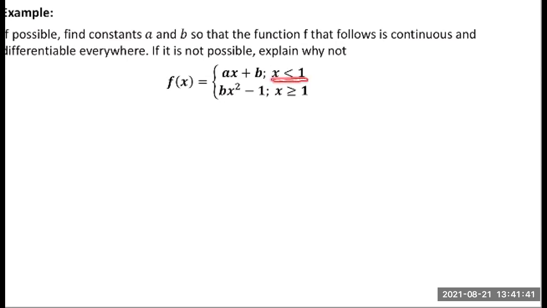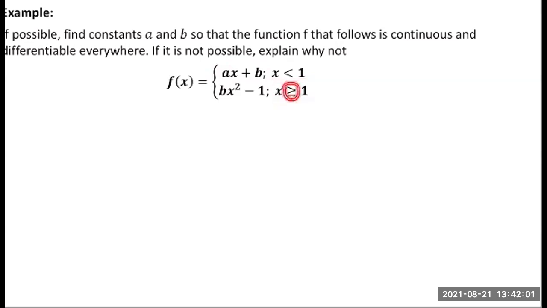But when x is less than 1, you have a nice continuous and differentiable function because we are given that a and b are some constants. Then this is a nice, smooth function when x is less than 1, and also when x is strictly greater than 1.